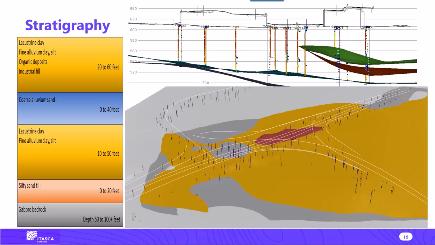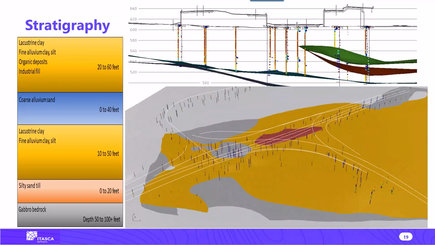As usual in any analysis, we need to start from the subsurface, and what we are showing here is a cross section and a general overview of the 3D subsurface condition. Those little sticks in the lower portion of the figure are the borings and CPTs.